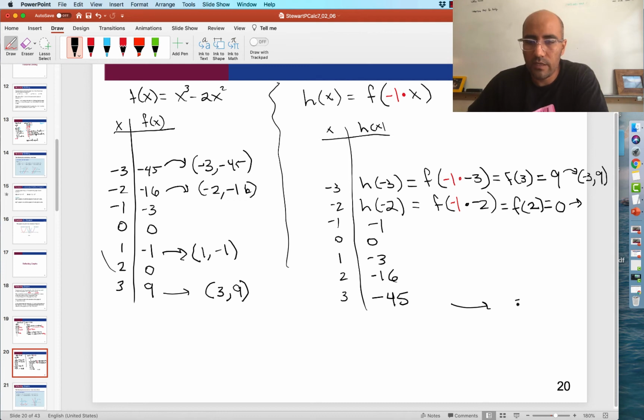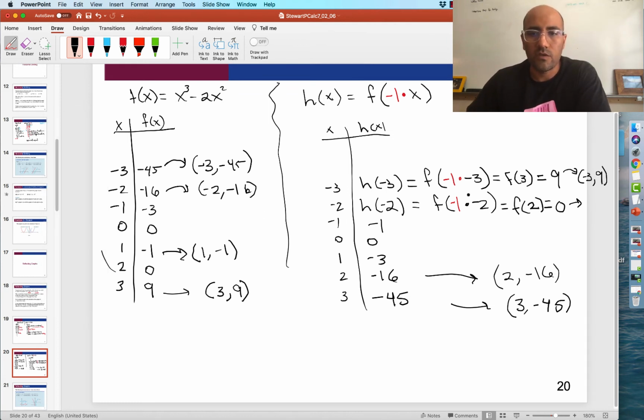So then 3 maps to -45, where we used to have -3 maps to -45, now we have +3 maps to -45. And then 2 maps to -16, where we used to have -2 maps to -16, now it's +2 maps to -16.